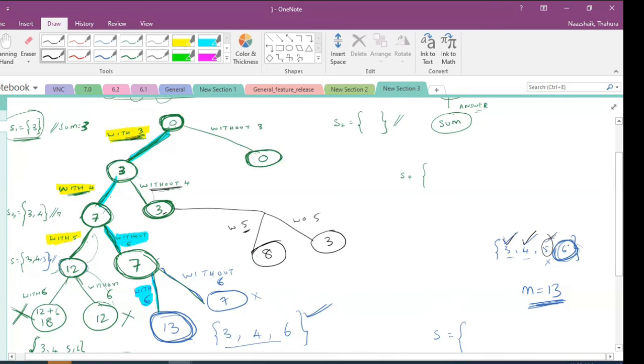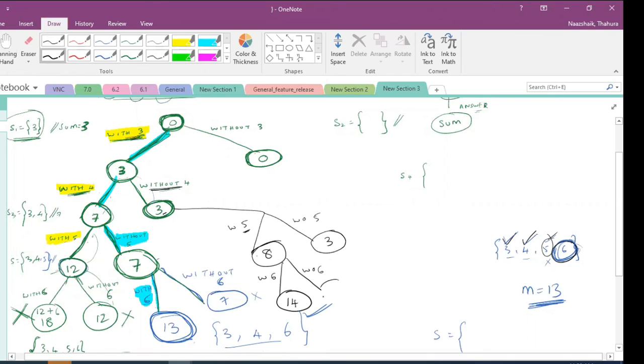You finished 5, you have 6. So you have 2 choices. You will say with 6 or without 6. With 6, what will your answer be? 6 plus 8, right? 14.